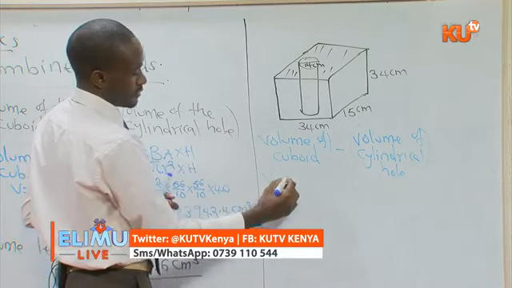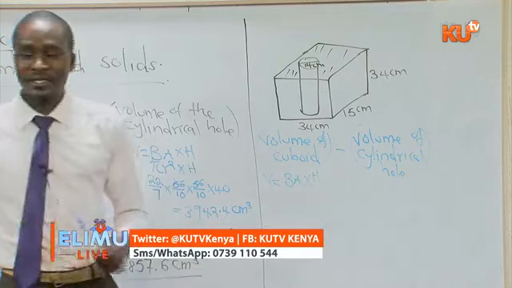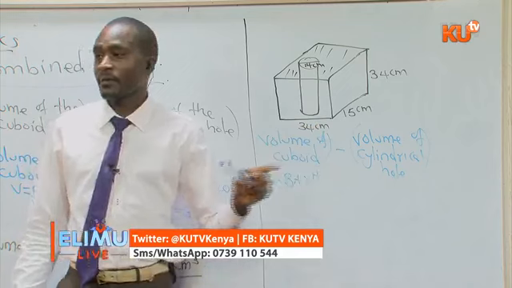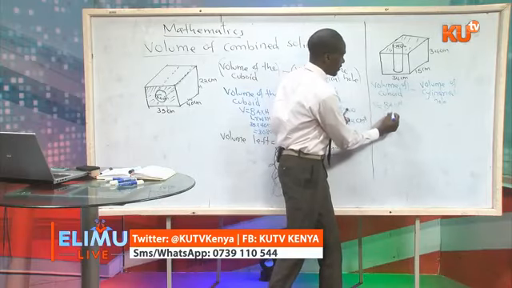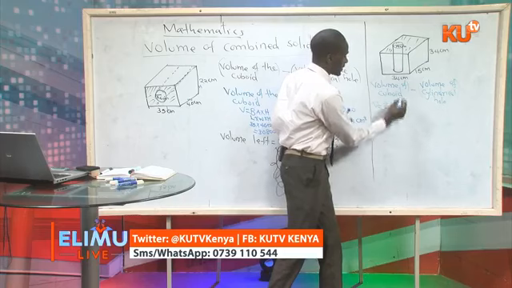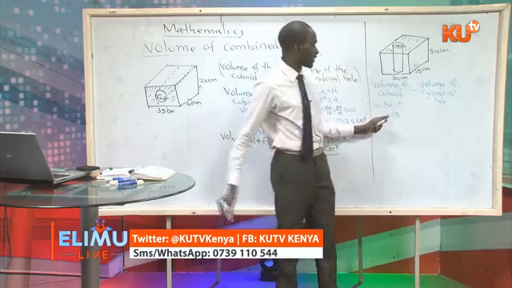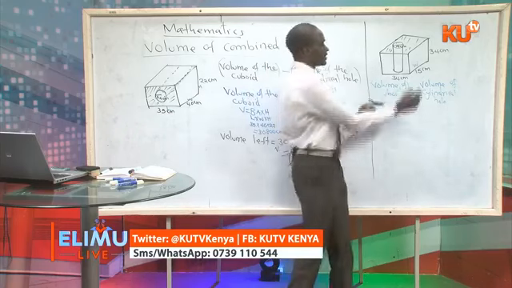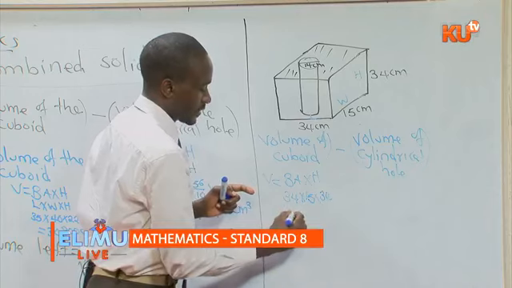Volume of a cuboid, we said base area times height. Base area is length times width, sorry. 34 by 15, then by height, which is 34.